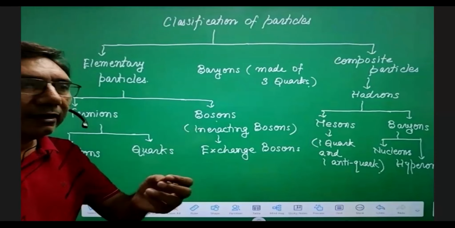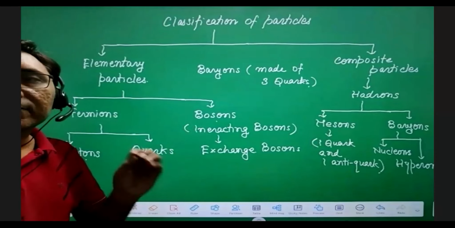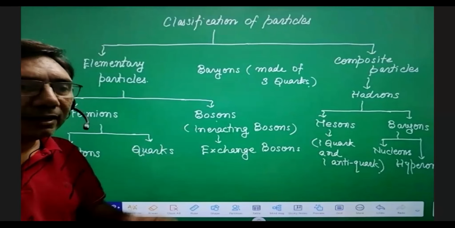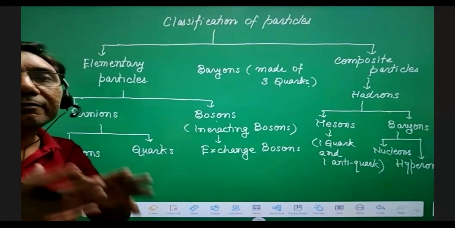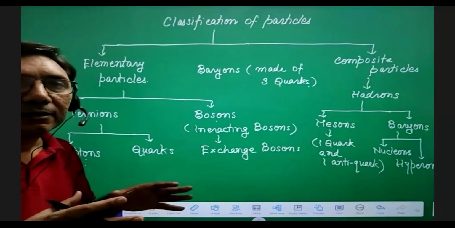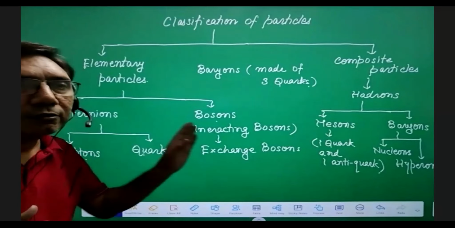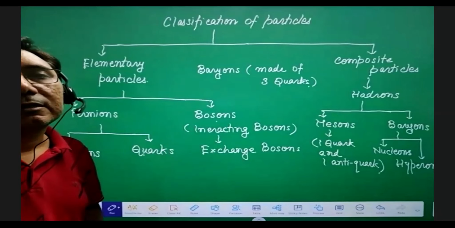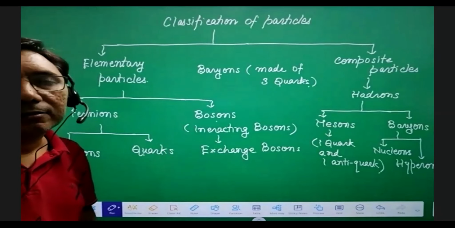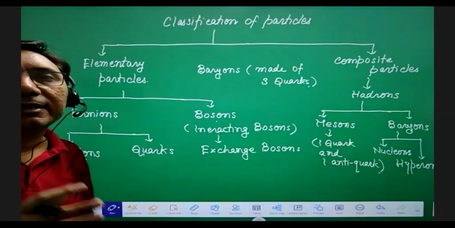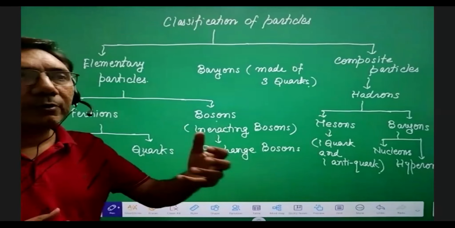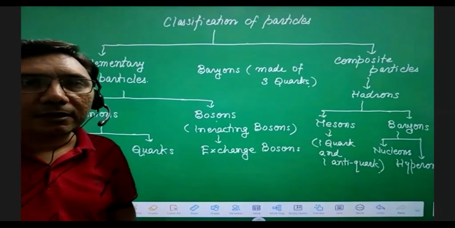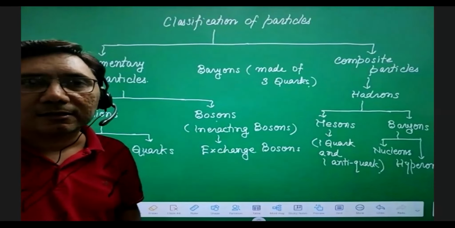So that's why we are not going to consider gravitational interaction here. Because that interaction is very, very weak here, since the mass of these particles is very small. Gravitational interaction is very important where large masses are interacting, for example astronomical bodies like Earth, Sun, stars.